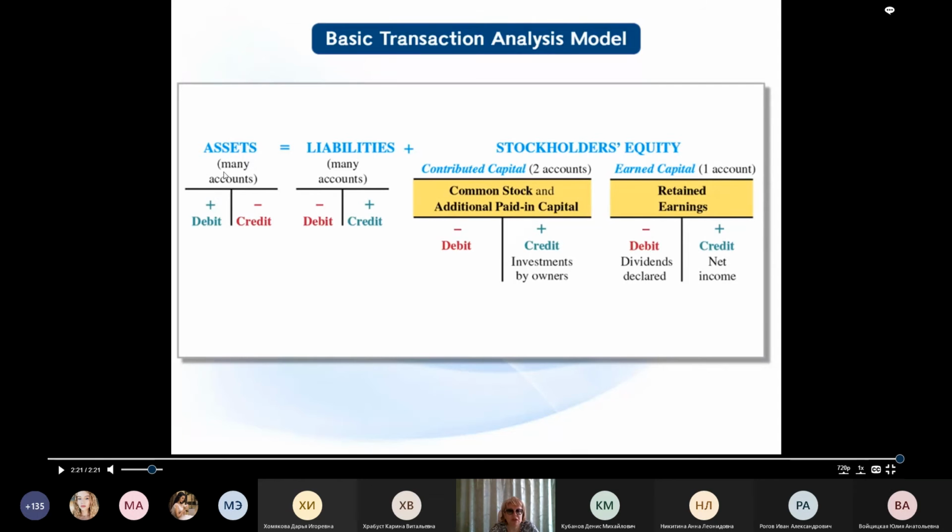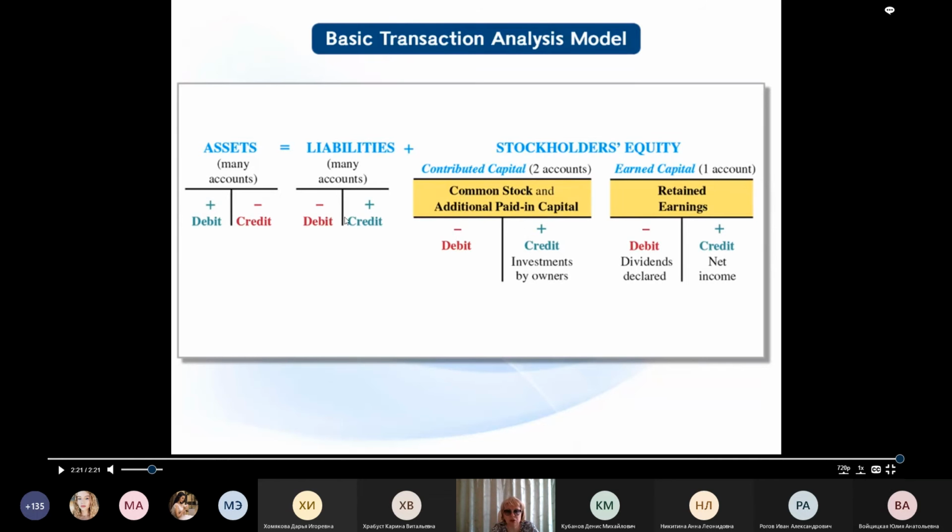They must be different. For assets, we should make records for all increases on the debit side and all decreases on the credit side. As for liabilities and stockholders' equity, this is the opposite approach in order to stay in balance. When we transfer from one side of the equation to the other, we should change the sign.